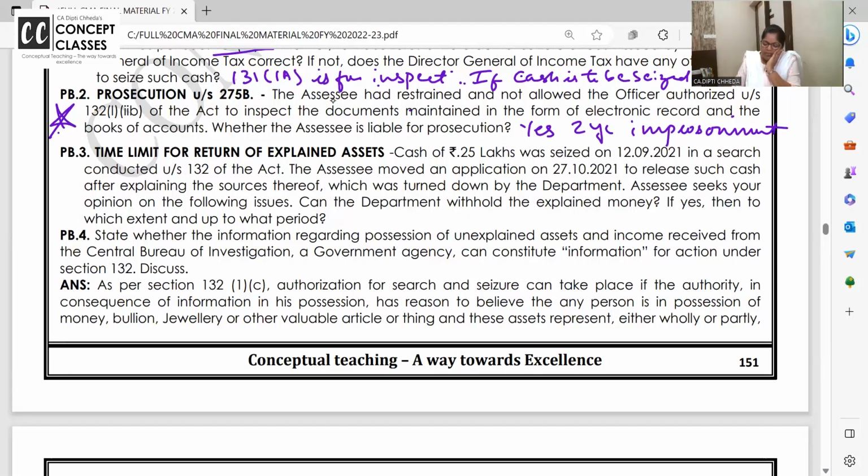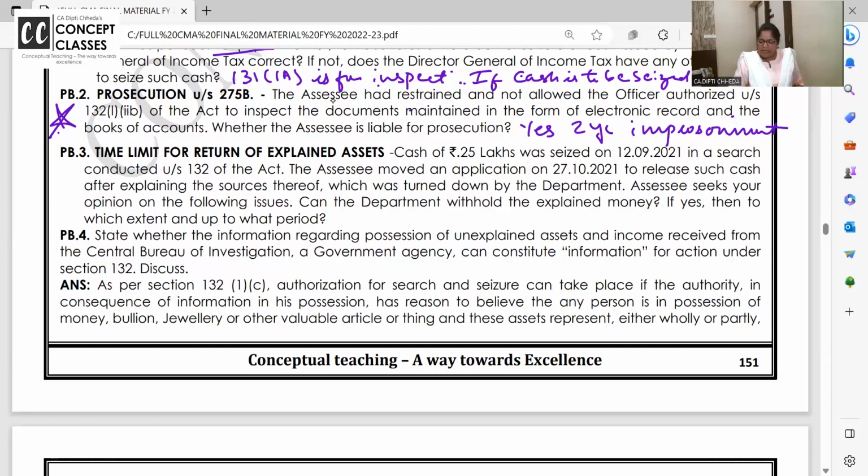Cash of 25 lakhs was seized on 12/9 in a search conducted under 132, and SSC moved an application on 27/2. समझ में आ रहा है?